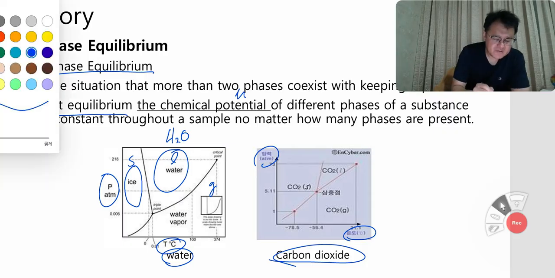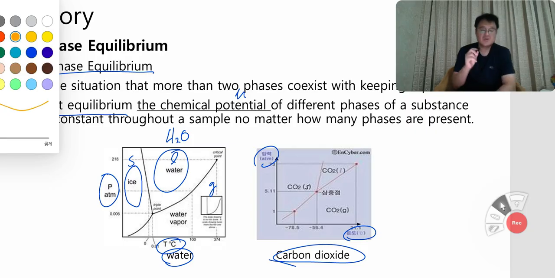So let's consider what happens when the pressure is fixed at 1 atm and you have H2O, and originally you have a temperature of minus 20 degrees Celsius, and you supply heat to warm up the system, okay?